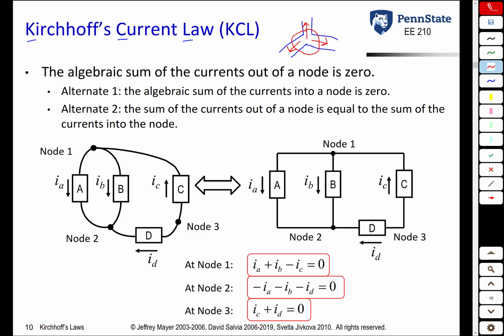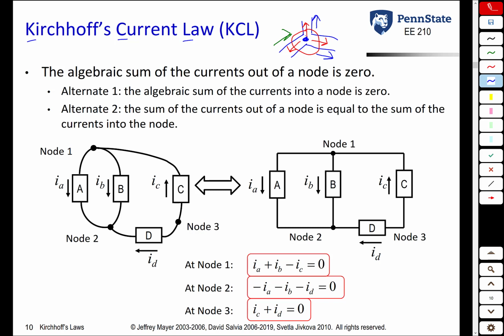In other words, water is not going to accumulate at that joint. You might have some water flow in and some water flow out, but the net sum at this point in the middle is going to be 0. Kirchhoff's current law is saying the same thing, except we're talking about movement of charge, electron current, as opposed to water current.